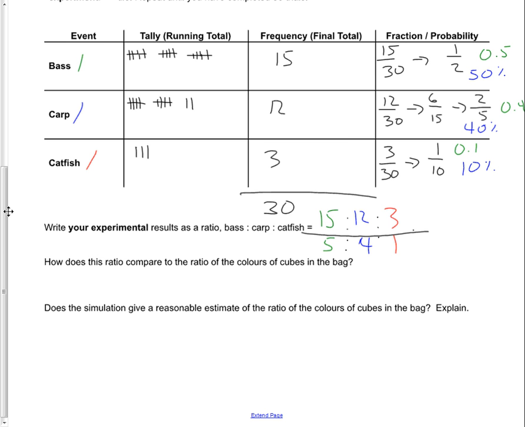So how does that ratio compare to the ratio of colors of cubes in the bag? Well, the cubes in the bag, as we talked about earlier, were 7 to 5 to 3. So our ratios are actually different in the experiment than they are in real life.